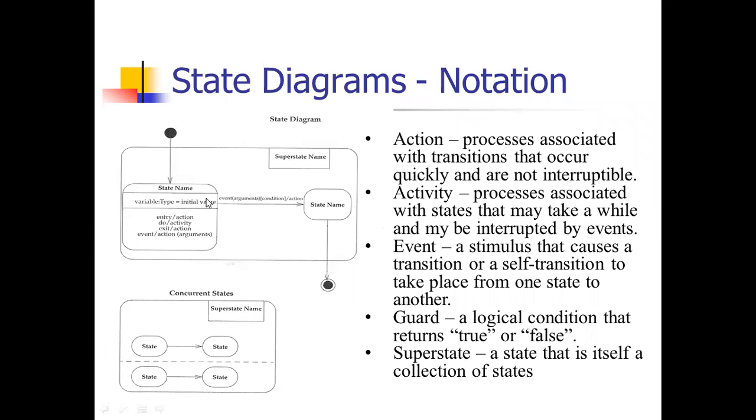If an event occurs, it will be processed accordingly. That event may be a stimulus that causes a transition or a self transition, to take place from one state to another state.